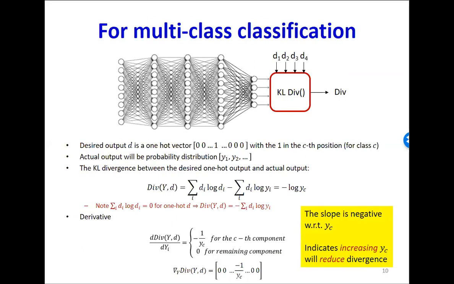When we had multi-class problems, the target output is going to be a one-hot vector with many components. The actual output of the network also has many components. In this case, the Kullback-Leibler divergence is given by this formula.